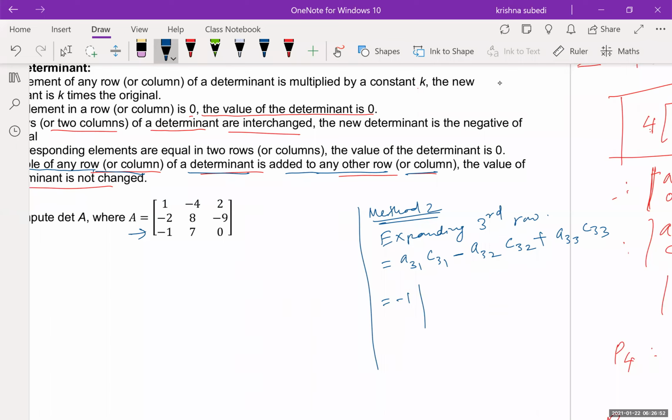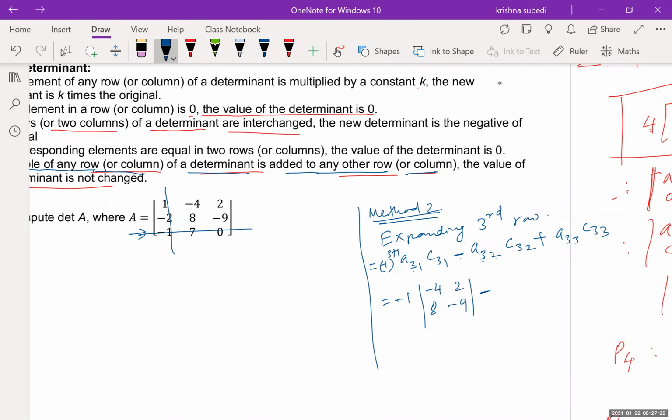C31 will be, the first row and first column are gone, so ignore that. You're left with -4, 2, 8 and -9. Basically, the sign should be written this way, -1 to the power 3 plus 1. I think by this time you're already familiar that when the sum is odd, the sign will be negative. If the sum of the row and column is an even number, then that will give us a positive value.